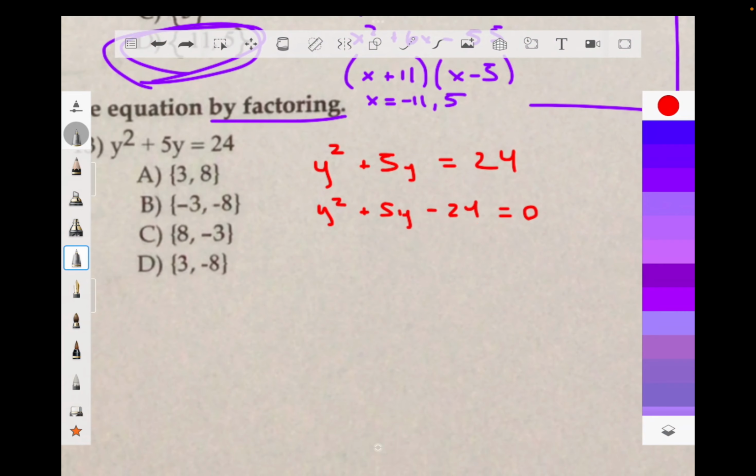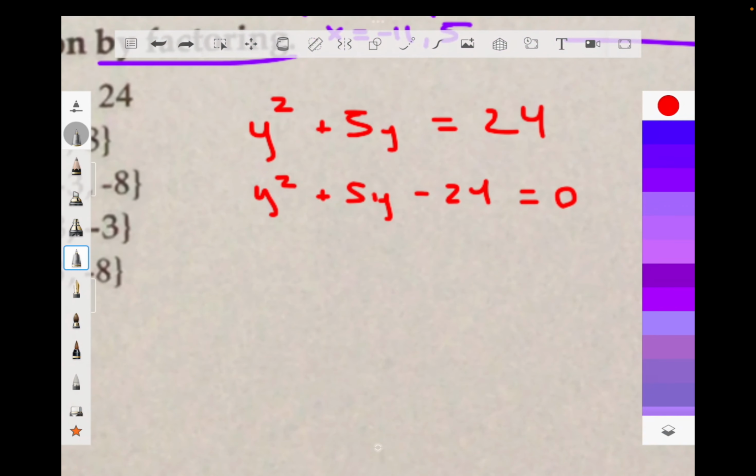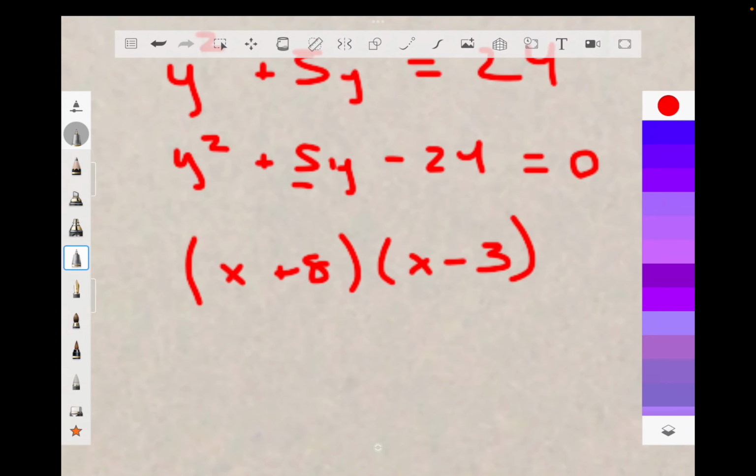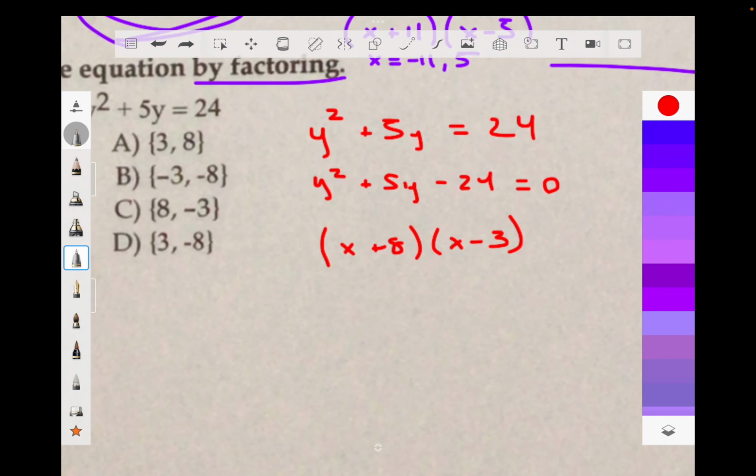You can see here that it's 8 and 3. So it's going to be positive 8 and negative 3, right? Because positive 8 times negative 3 is negative 24, and 8 minus 3 is positive 5. So that means the answers are negative 8 and positive 3.